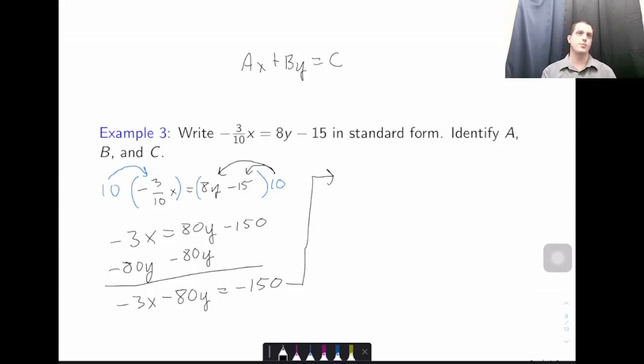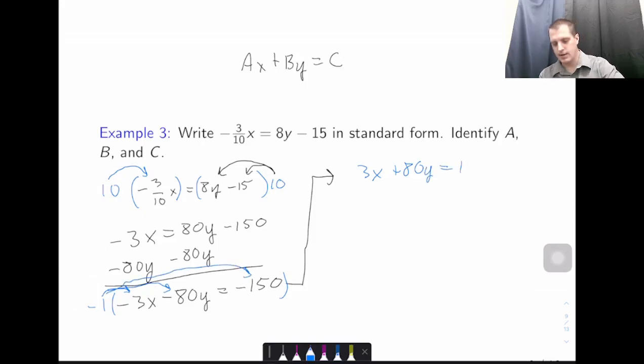I'm going to make sure these are all positive integers, so this time I'm going to multiply them all by -1. When I distribute that, I get a 3x instead of a -3x, I get a plus 80y, and then distributing one more time way over there, I get equals a positive 150. So now we're in standard form. We have integers.